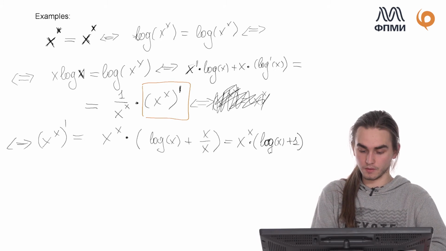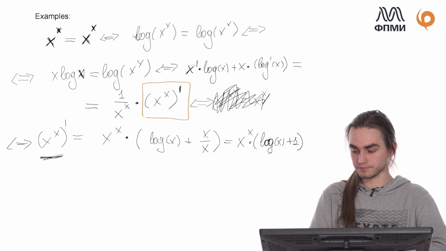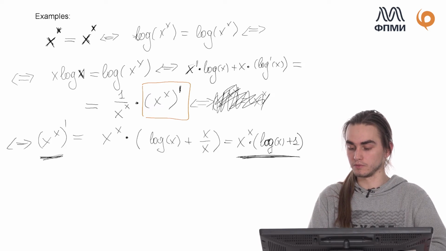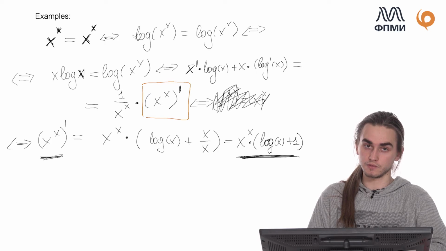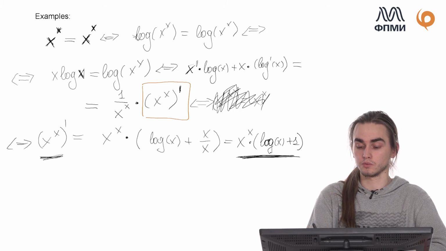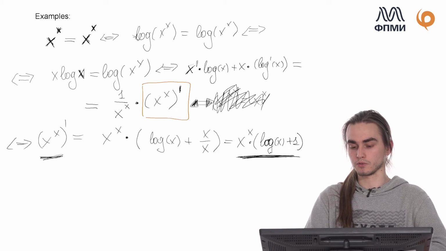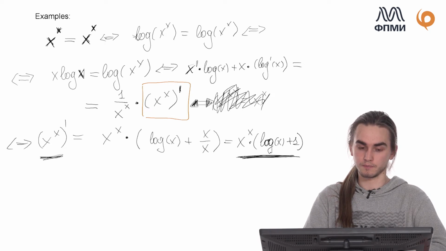So here it is, what we needed. This example is dedicated to show you that there are some tricks in derivatives, and you are free to use some nonlinear thoughts about how to take them.